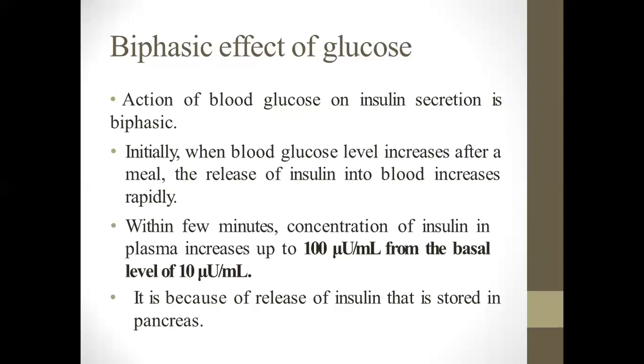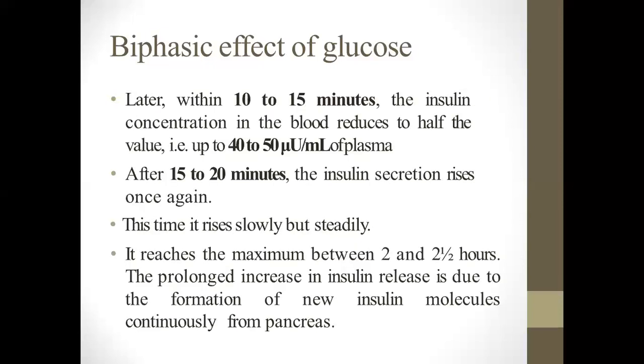When the glucose level in the blood rises, the stored insulin from the pancreatic cell is released into the blood. But as the blood glucose level is higher, there is a sudden fall in the insulin graph. This fall is due to stored insulin deficiency, because the stored insulin is mostly used.